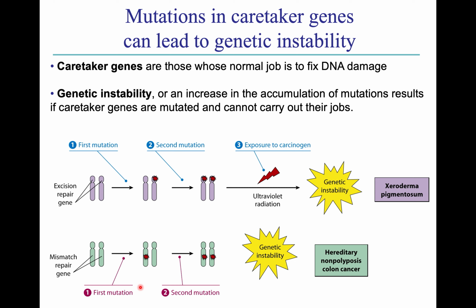And if you have mutations in caretaker genes, that typically leads to what's called genetic instability, meaning just a large increase in the number of mutations and DNA damage that can happen because you're no longer fixing it. And if you remember, we talked about the XP example. This was again from our genetics chapter, where the genes that are part of this pathway were involved with repairing thymine dimers, for example.